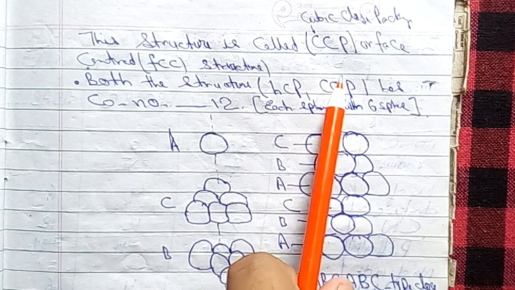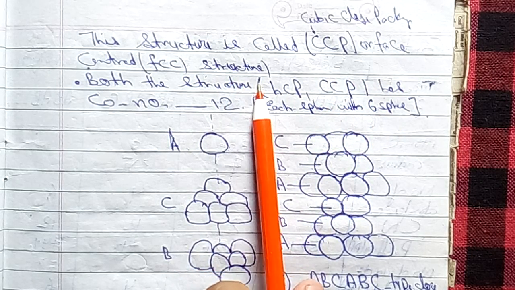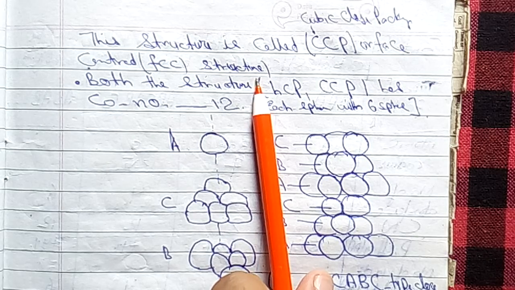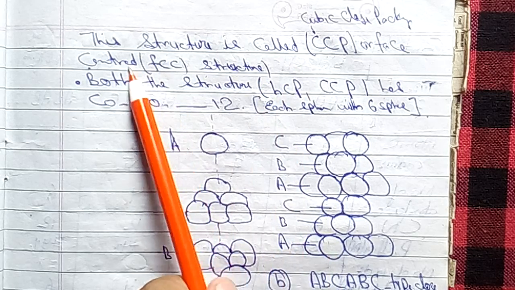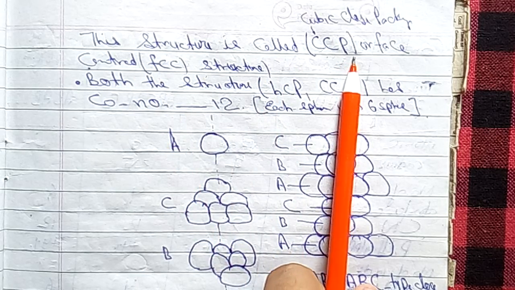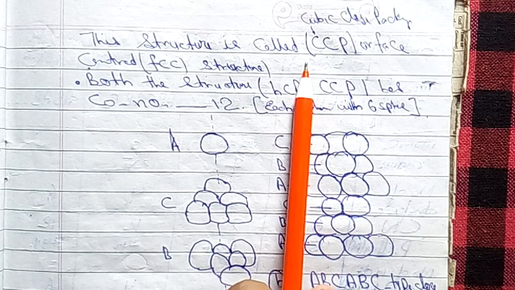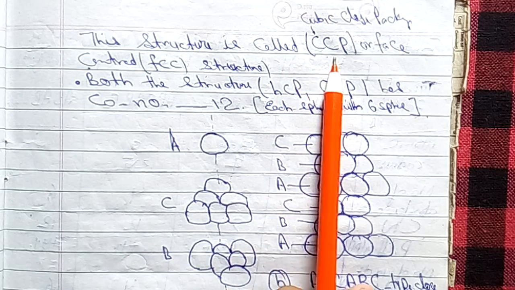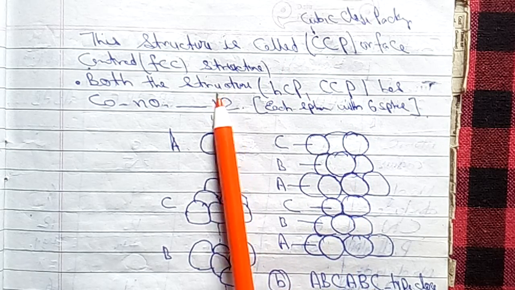This structure is called cubic close packing or face centered structure. So if the octahedral void is covered by the third layer, the type of packing obtained is called CCP or FCC. If the tetrahedral void is covered, that gives HCP arrangement, and if the octahedral void is covered, it gives CCP or FCC arrangement, the face centered cubic structure.